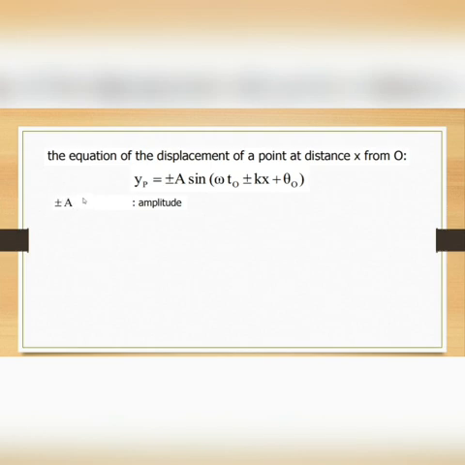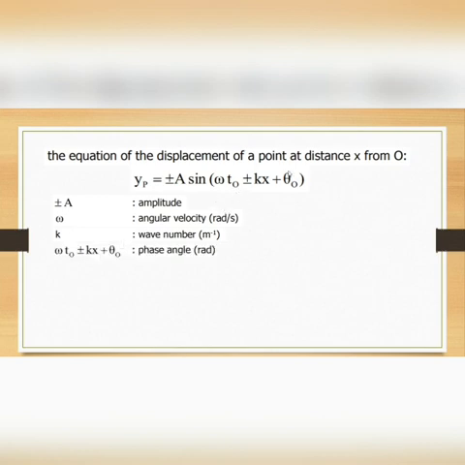If it is oscillating downwards first, then it should be given negative sign. And omega is the angular velocity. As we mentioned before, it is equal to 2 pi f or 2 pi over period. And k is the wave number. As we mentioned before, it is equal to 2 pi over lambda or omega over v. This t0 is the time the source of oscillation has oscillated, in this case point O.